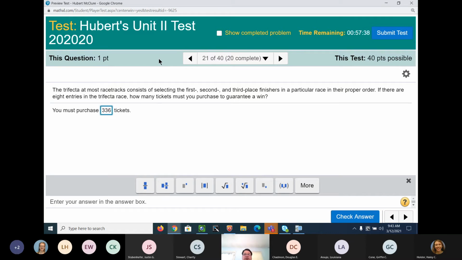Now, what if Mr. Justin goes and buys 336 tickets, and Secretariat, Seabiscuit, and some other horse that has won before come in first, second, and third? Is Mr. Justin going to win the same amount of money as Miss Holder? No, because Secretariat and Seabiscuit are almost a guaranteed win.